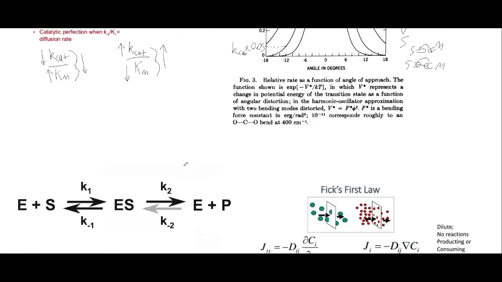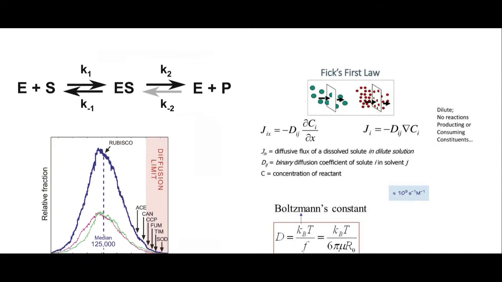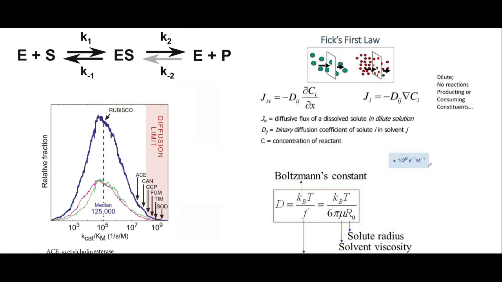Another thing that determines it is actually the diffusion of our substrate and our enzyme in solution. So for the most part, if we look at our Fick's law here, this is a concentration gradient. If you know your calculus, you'll recognize that as the gradient right there.